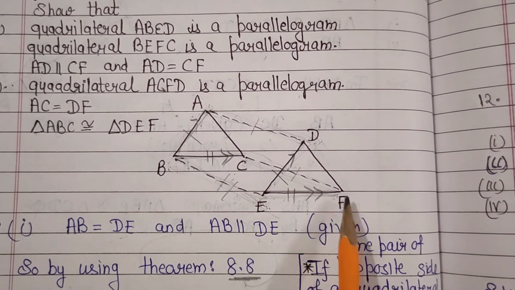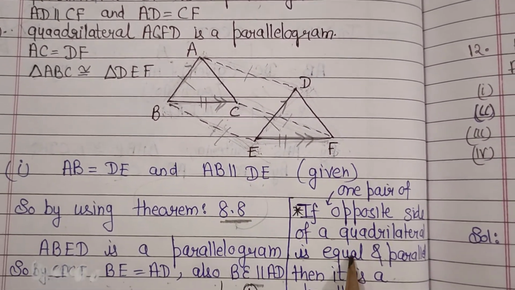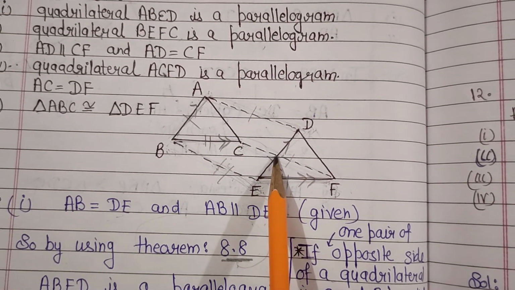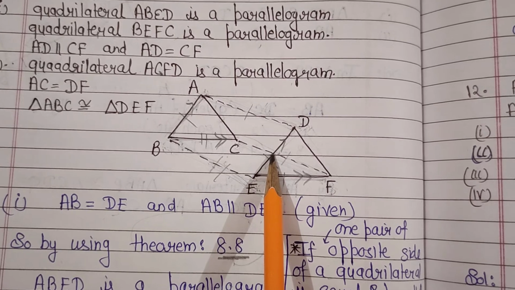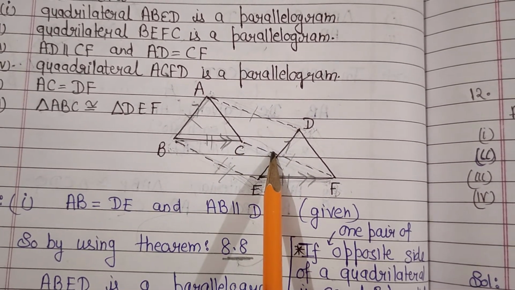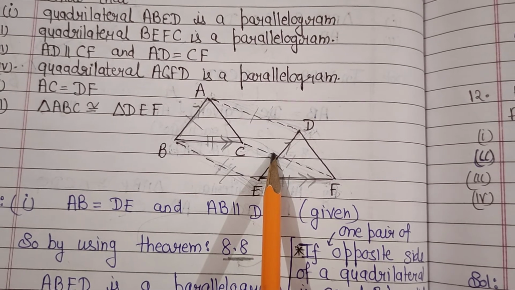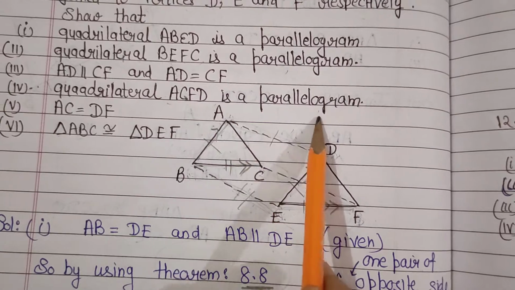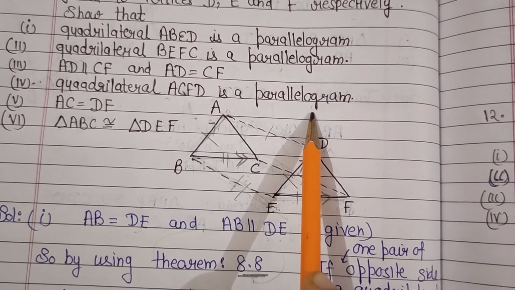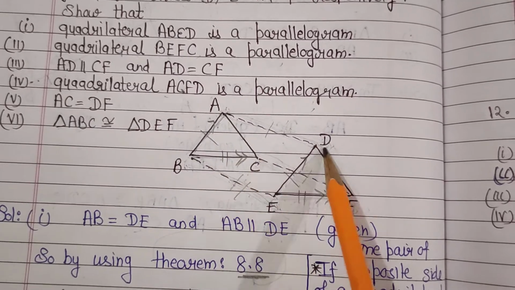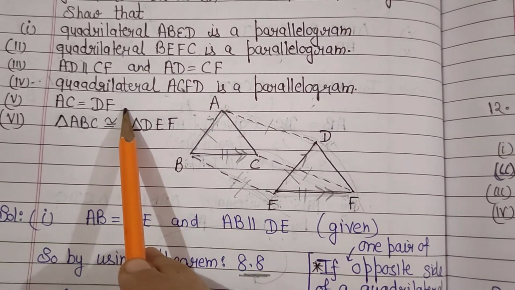Now the third time we can apply the same theorem 8.8, because one pair of opposite sides is equal and parallel, so ACFD is a parallelogram. Now, if this is a parallelogram, then we can say AC and DF are equal.